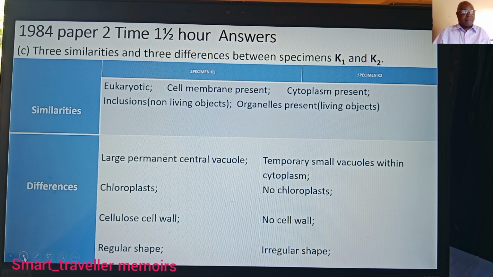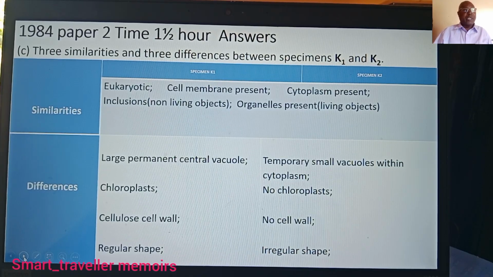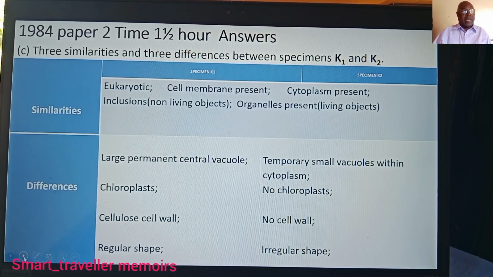Differences. Specimen K1 has a large permanent central vacuole, while specimen K2 has temporary small vacuoles within the cytoplasm. For specimen K1, we have chloroplast, but for specimen K2, we have no chloroplast.